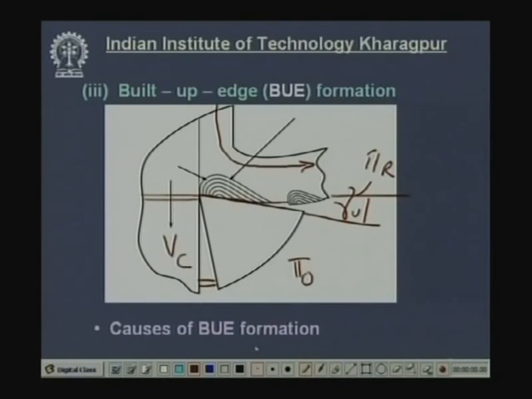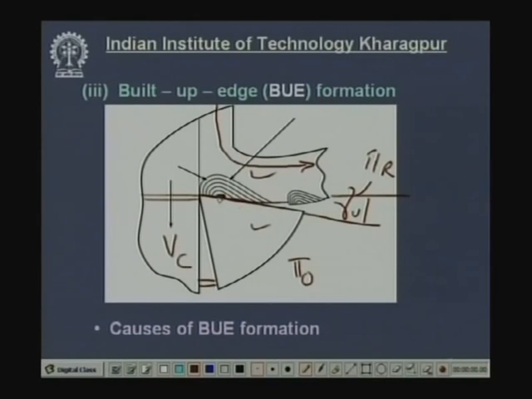All these three factors favor what is called strong adhesion between the chip material and the tool material, just like welding, and this will start where the stress and temperature are maximum, at this point. This is called the embryo of the built up edge.